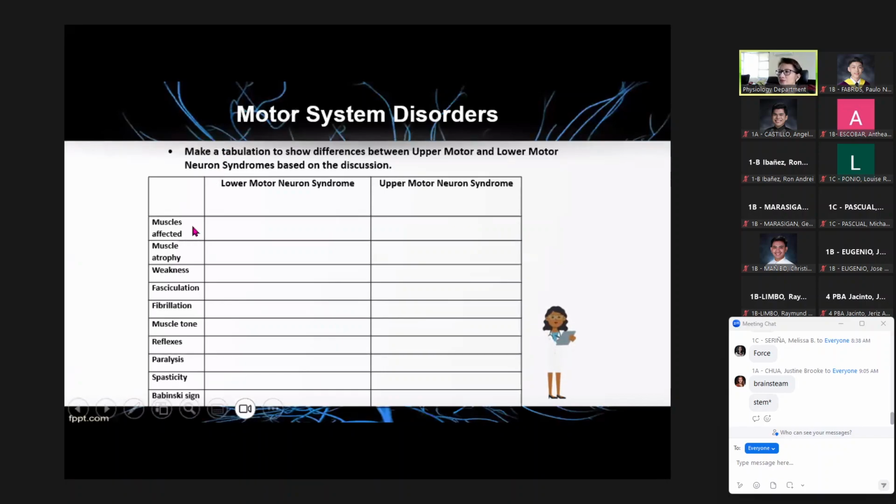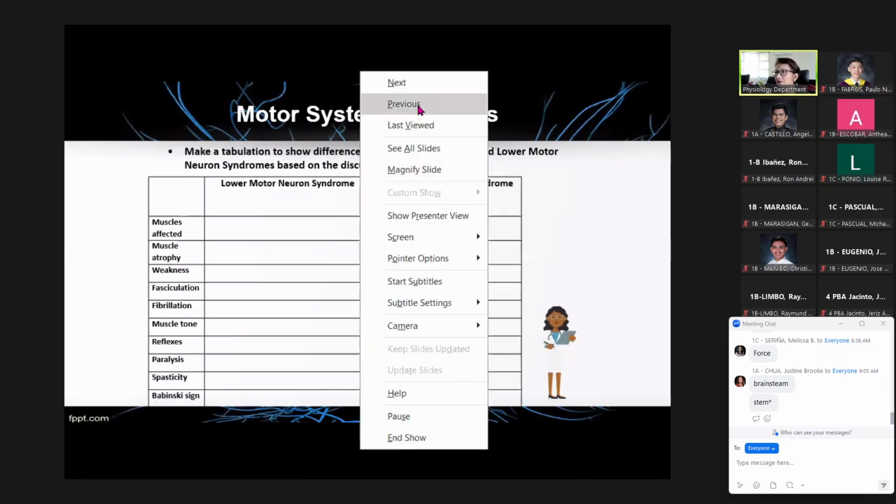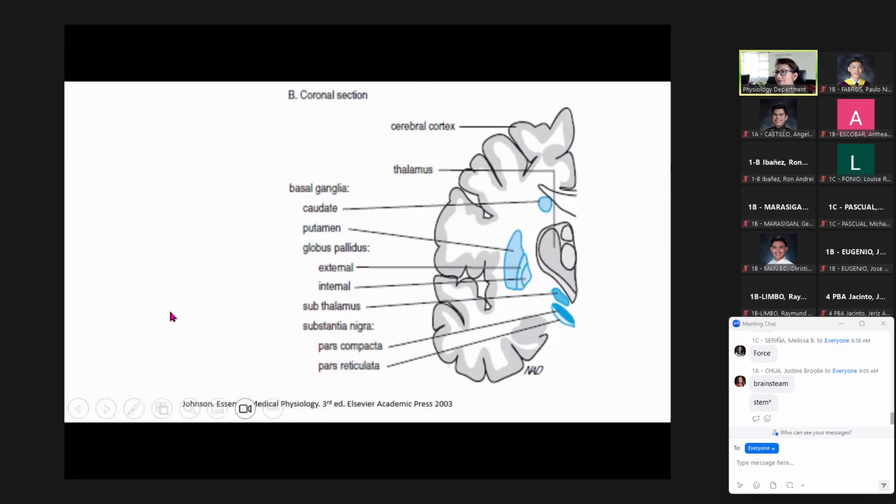Differentiate the two as to the muscles affected, muscle atrophy, weakness, fasciculation, fibrillation. What are those? Muscle tone, reflexes, paralysis, spasticity, and Babinski sign. You will find the answers to this in the assigned reading material.